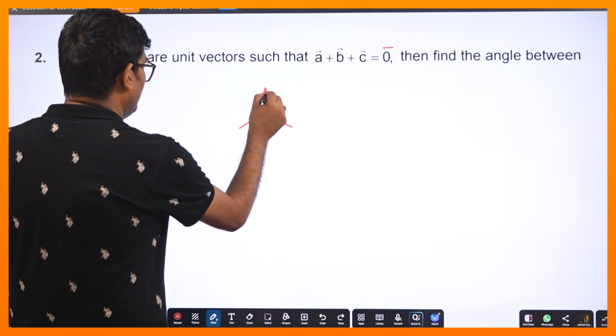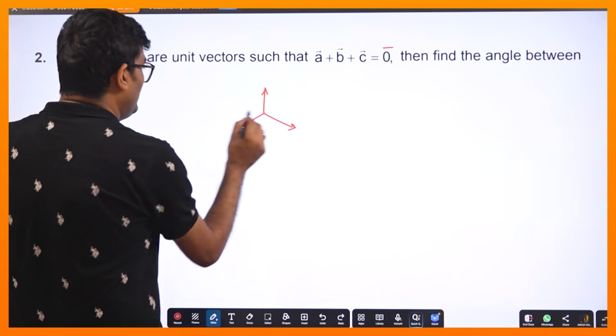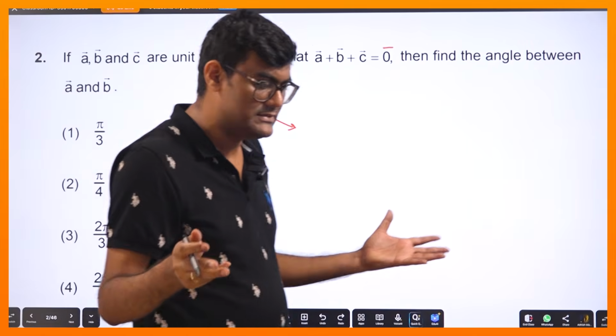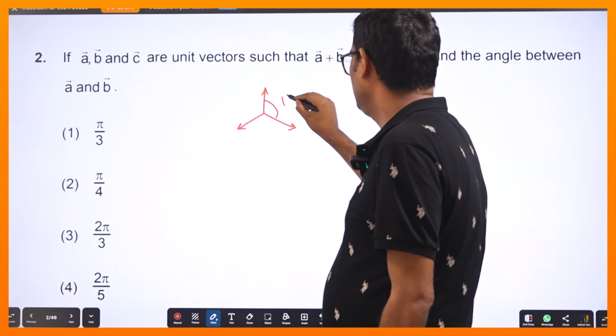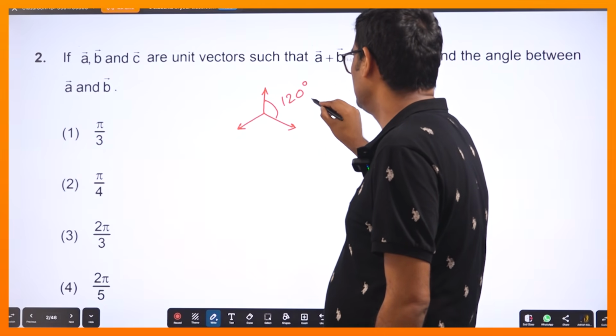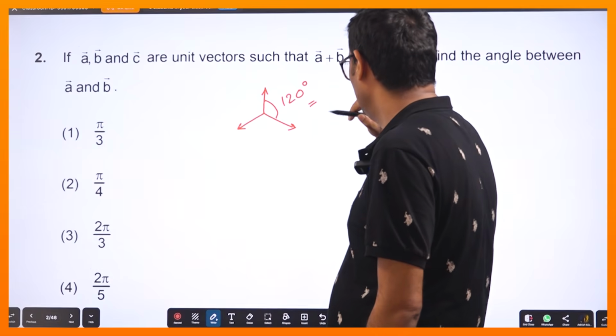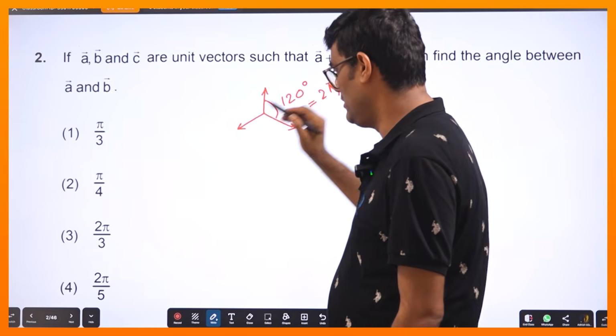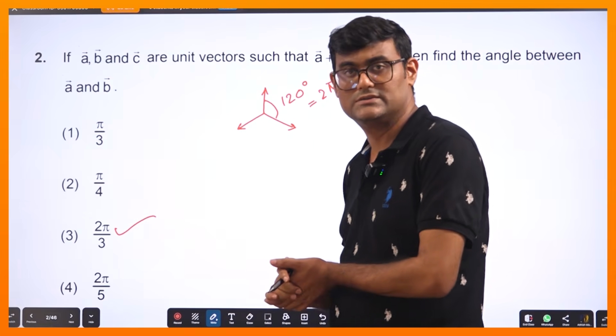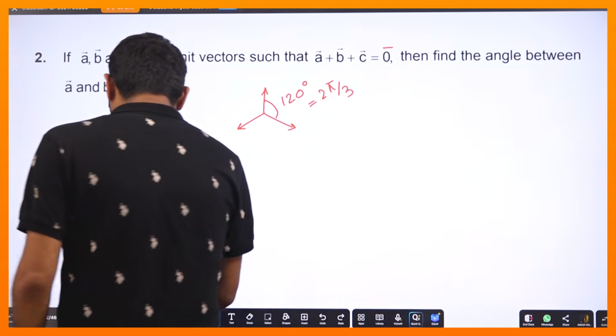I know that when the vectors have the same magnitude, not only unit vectors, for any three vectors having the same magnitude, if they lie 120 degrees from each other, then their resultant is 0. So 120 degrees is equal to 2 pi by 3. 2 pi by 3 is the correct option, option 3 is your correct choice. Let's move to the next question.